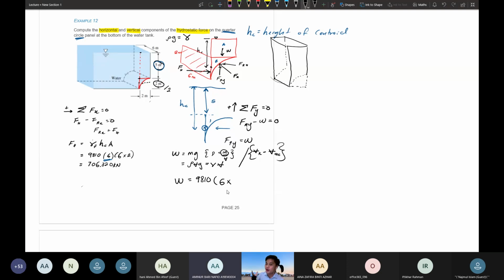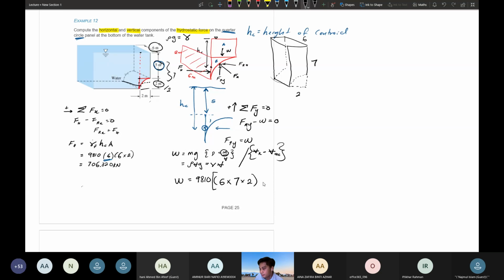The whole block. No, sorry, 6 into 7. Yes, 7. If you put 5, that means you consider A. So this is 7, this is 2, and this is 6.